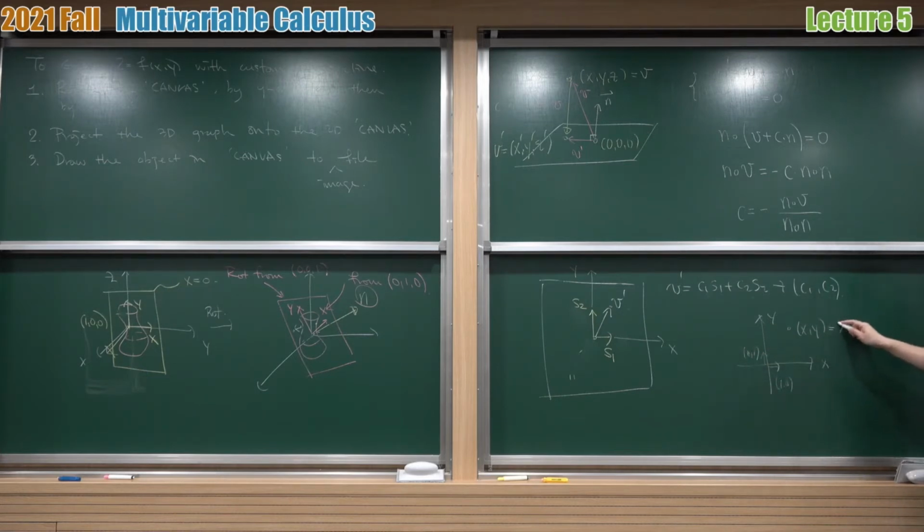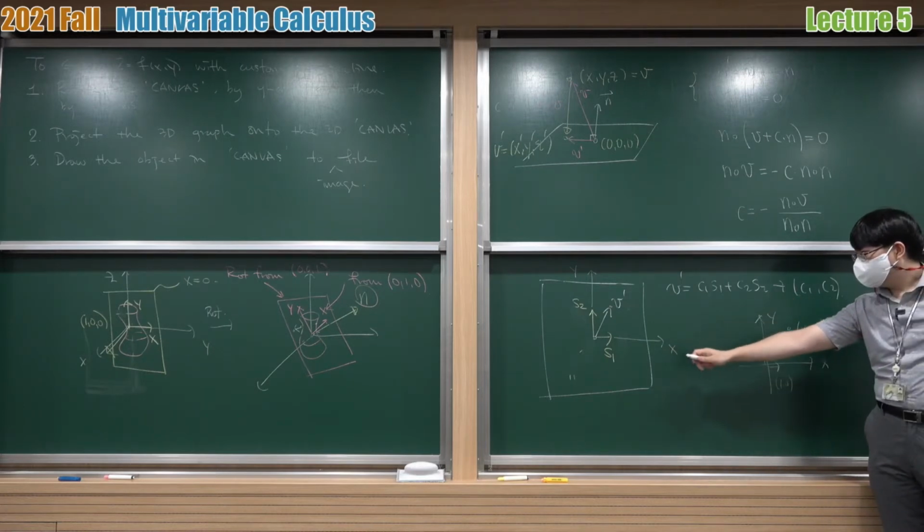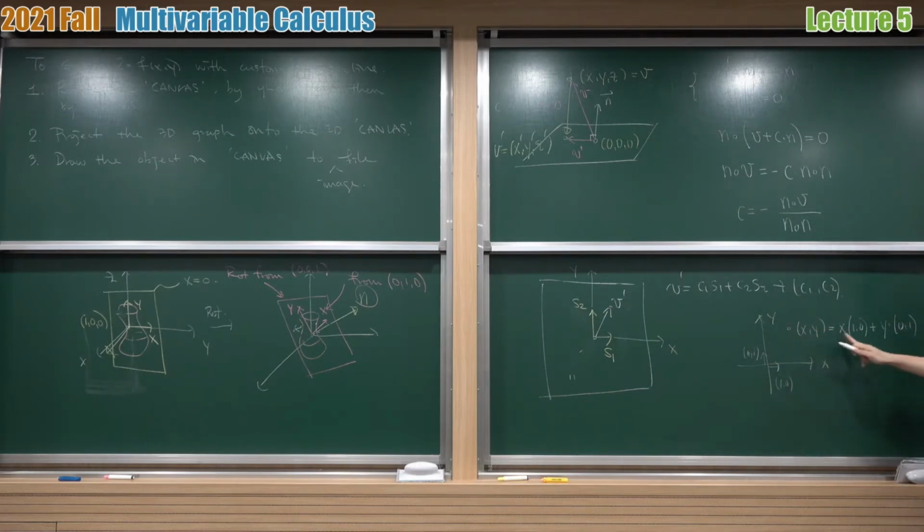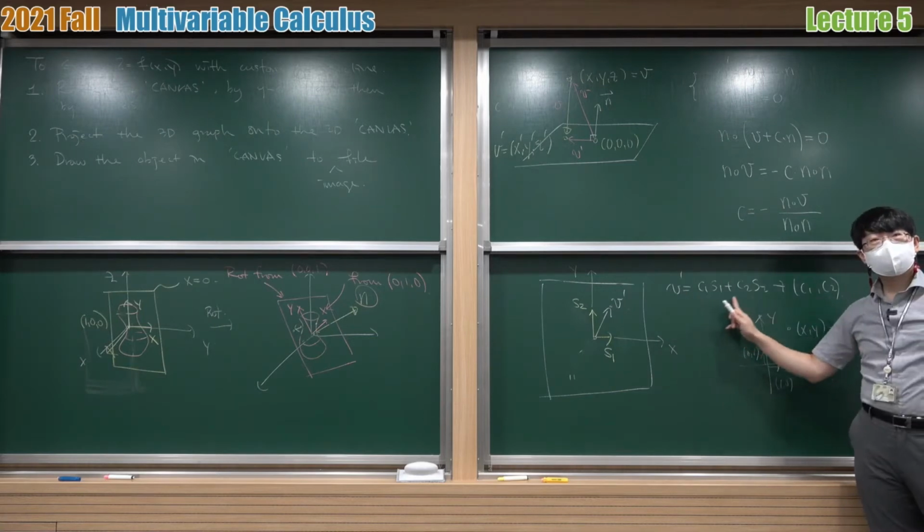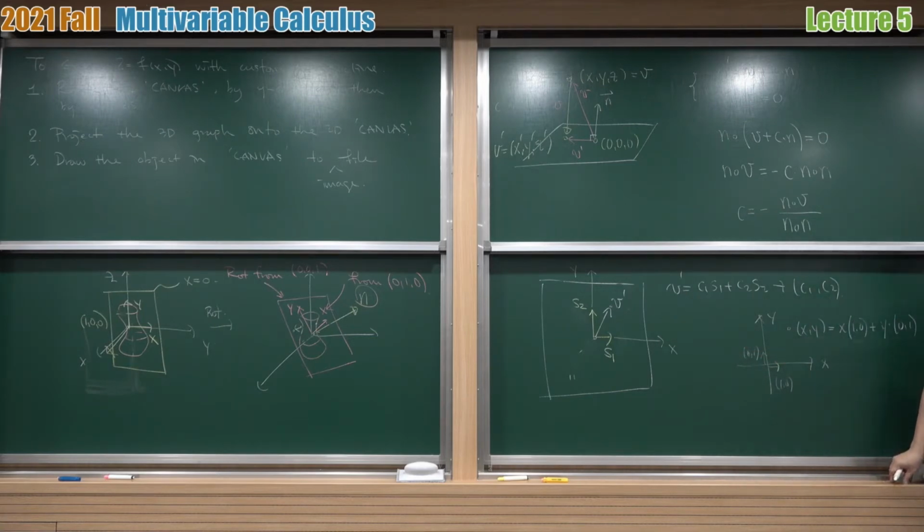This is simply x times (1, 0) plus y times (0, 1). These are the x and y coordinates. We are doing the same thing, just replacing these 2D vectors with 3D vectors. Okay, so that's that.